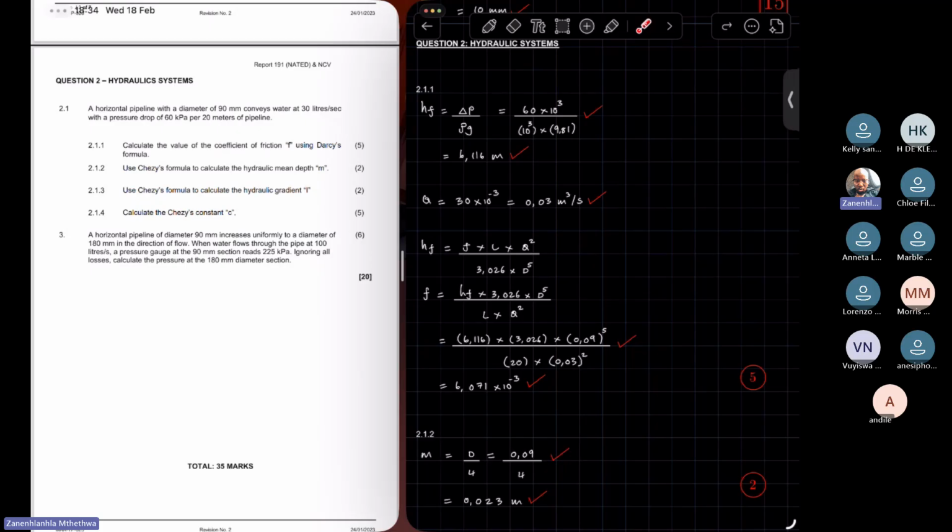At this level, we look at two ways in which we can account for frictional losses, which is by using Darcy-Weisbach's formula. That is pretty much the first part.